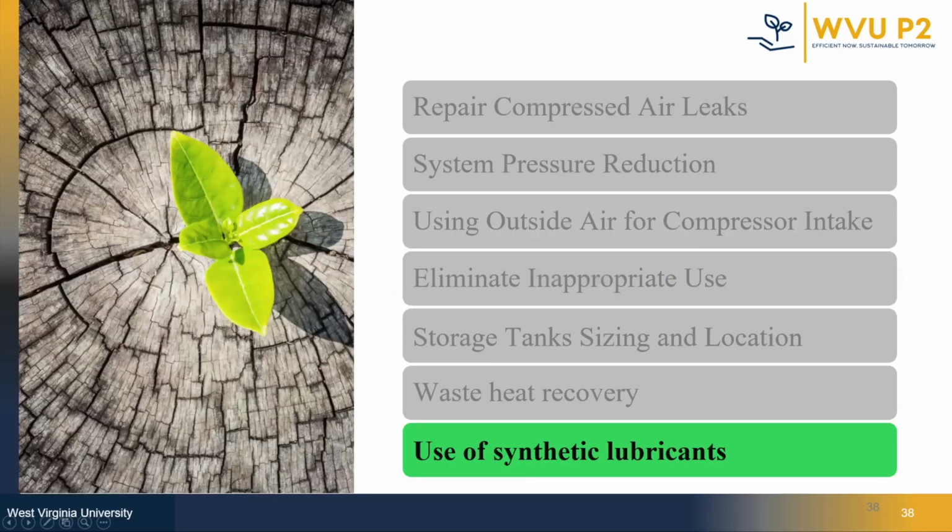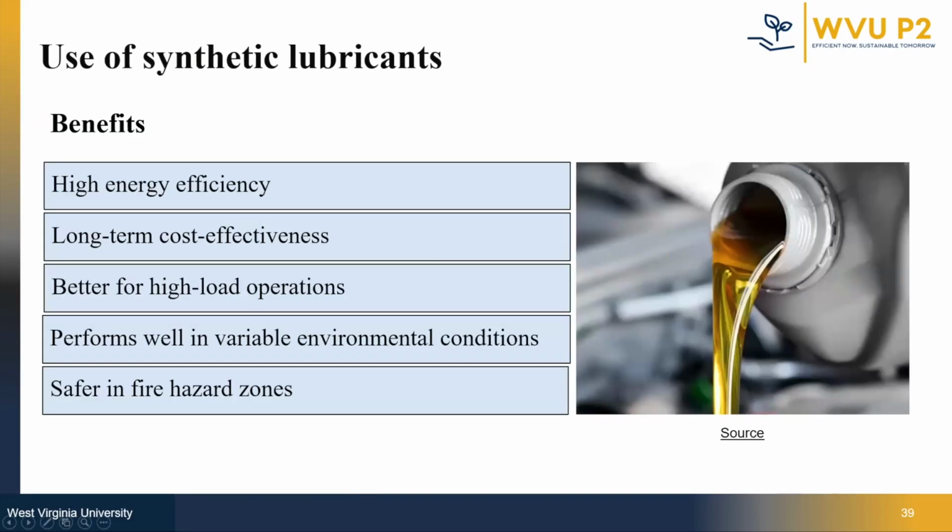Lastly, one simple change that can make a big difference in efficiency and equipment life is switching to synthetic lubricants. So finally, let's talk about the use of synthetic lubricants. What makes them stand out is how much more efficient they are compared to conventional oils. For one, they reduce friction better, which means less energy wasted and higher overall efficiency.